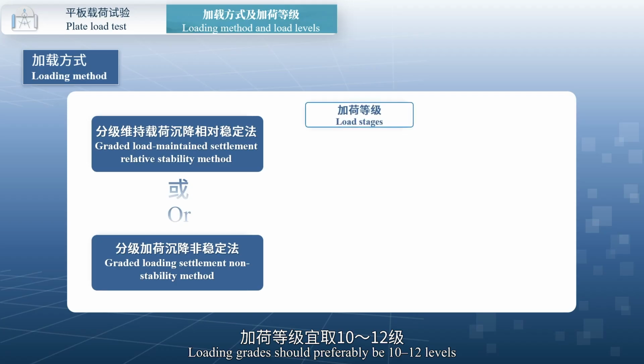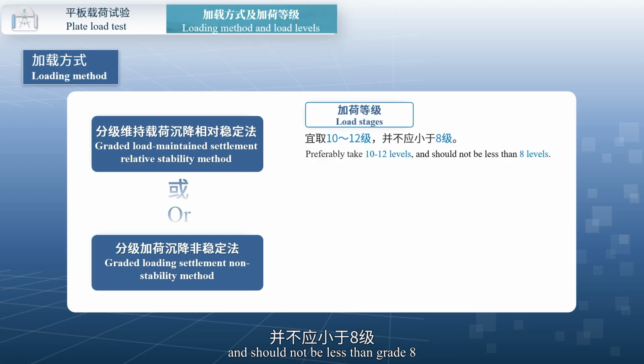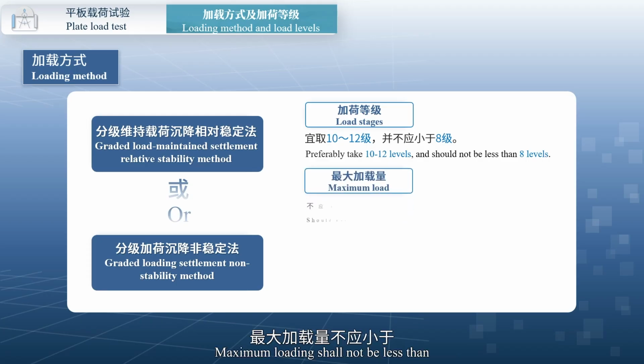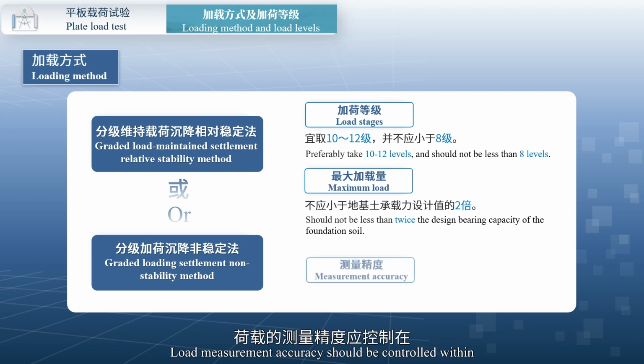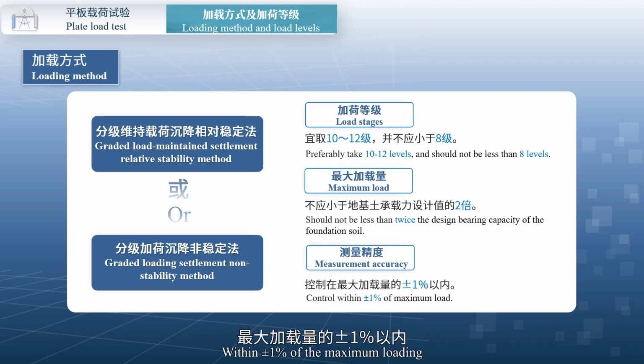Loading grades should preferably be 10 to 12 levels, and should not be less than grade 8. Maximum loading shall not be less than twice the design value of foundation soil bearing capacity. Load measurement accuracy should be controlled within plus or minus 1% of the maximum loading.